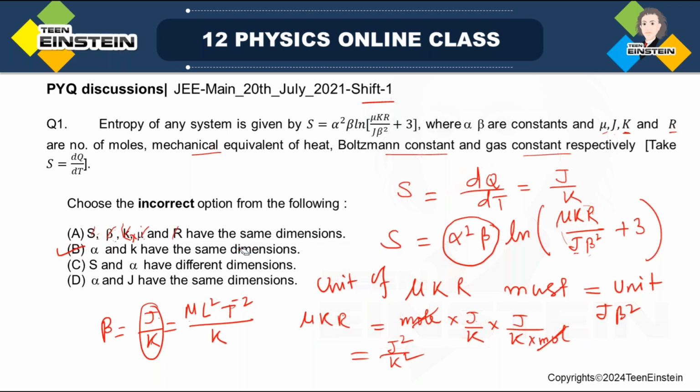I think while writing I have written it a little bit differently. See, you look, this means what? This comma was not there, I had put. That means S and beta, and K mu along with R, they will have joule per mole Kelvin.